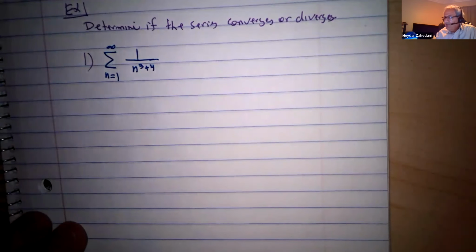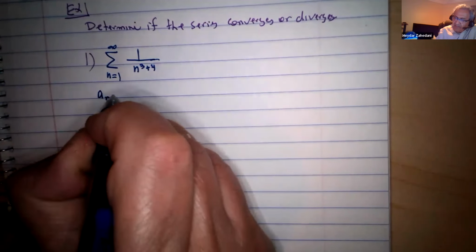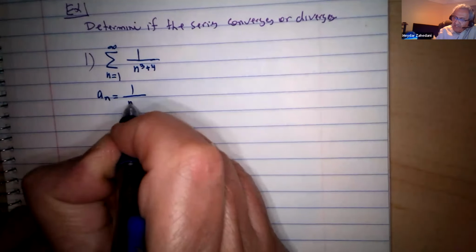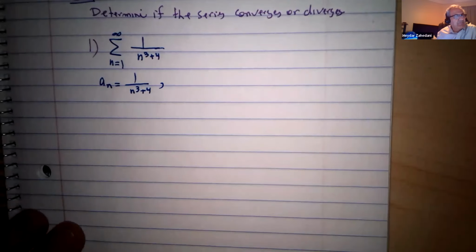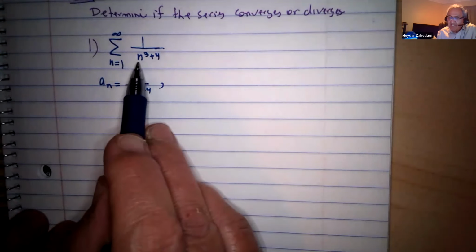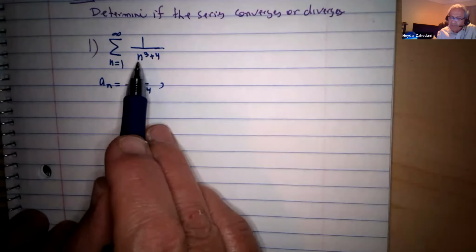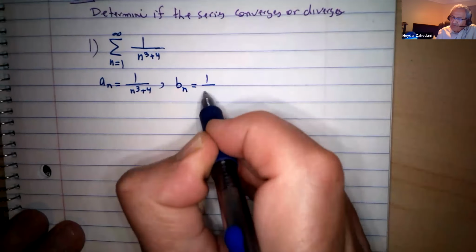You see, this is the way we're going to do it. You are going to call this one an, which is 1 over n cubed plus 4. Remember those shrinking ones that we talked about? If you shrink the n cubed plus 4 to its leading term, which is n cubed, you get the bn, which is 1 over n cubed.